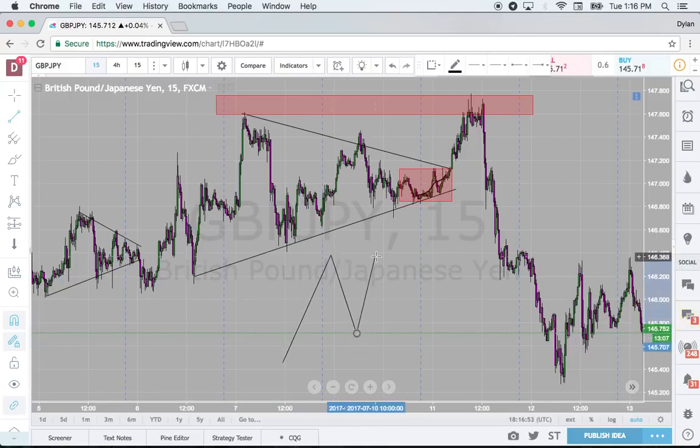Basically, when the M formation happens, let's say price is going in an uptrend, right? So price is uptrending like so.